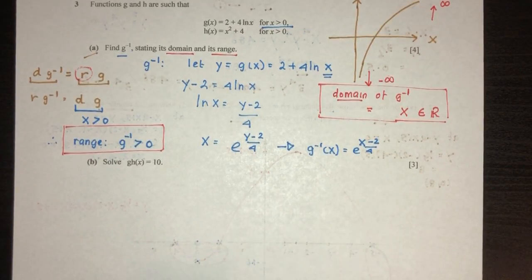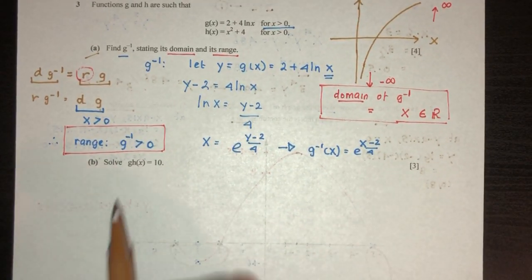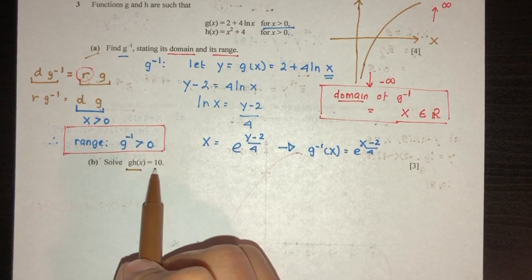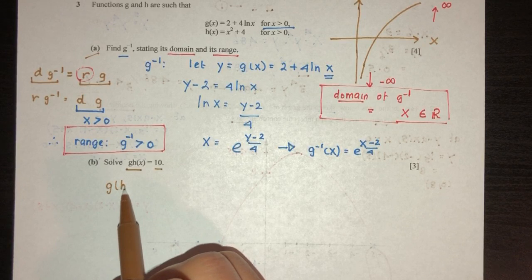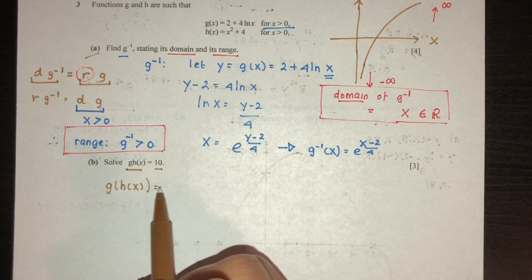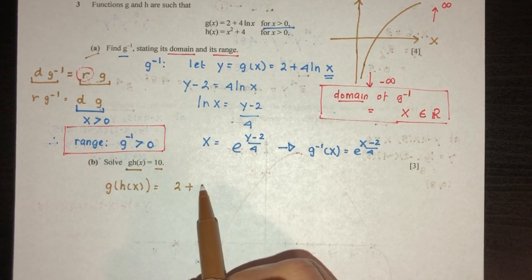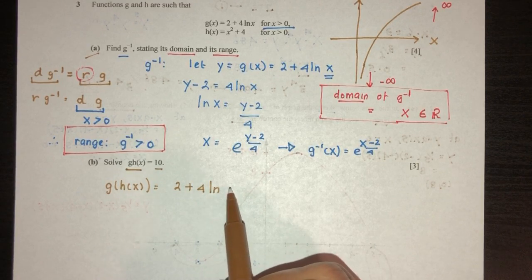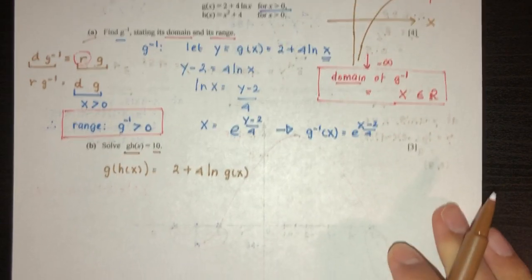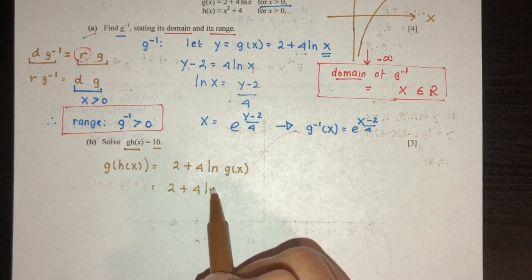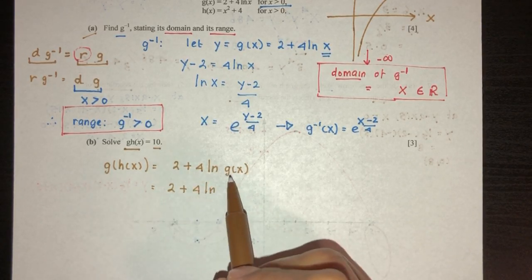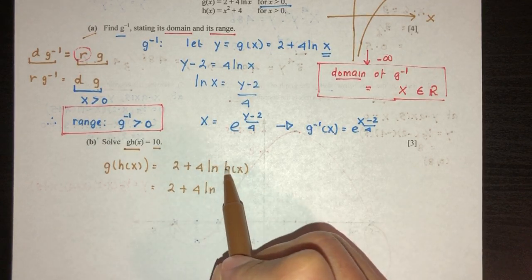Now for part B, solve the equation g of h of x is 10. So one by one, first let's find g of h of x. g of x is 2 plus 4 ln x. Then replace the value, you will have 2 plus 4 ln of, sorry, that is h, my bad, it should be h here.